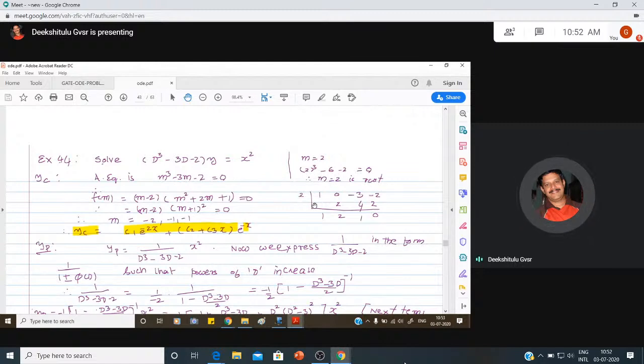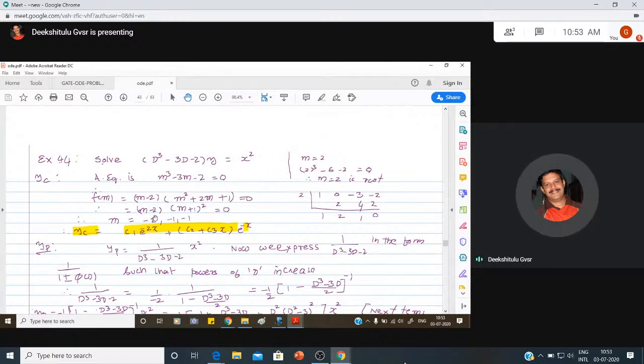Then by synthetic division with 2, the coefficients are 1, 0 (the coefficient of d square), minus 3, minus 2. 1, then 2 ones are 2, 2 twos are 4, 1, then 2 ones are 2. So the remaining polynomial, if you take m minus 2 as a factor, is m square plus 2m plus 1. So m minus 2 into m square plus 2m plus 1, which can be expressed as m plus 1 whole square.